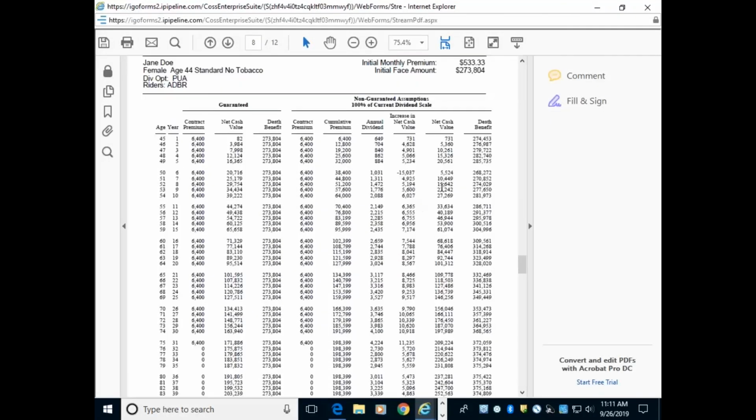The dividend amount will still be awarded as if the loan were not taken. So for this particular year, the dividend was $1,031, which would be the same as if the loan were not taken. So that's going to make your client very comfortable in knowing that when they make their premium payment, their return of premium or dividend is still going to be the same. So that's going to continue to grow the policy moving forward.